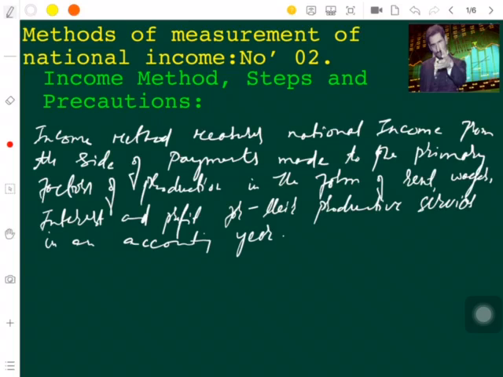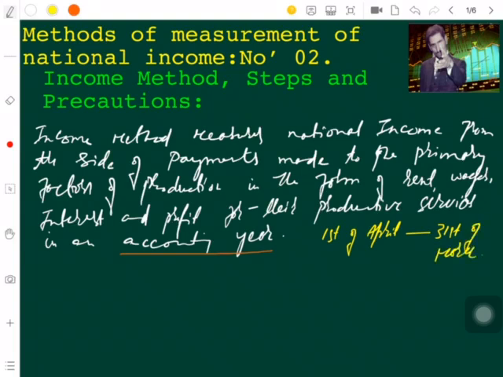Before we understand this definition, we have been using the word accounting year time and again. In economics we call it financial year as well. It is the planning done for a particular period of time. In the Indian context it covers 1st of April to the 31st of March next year.